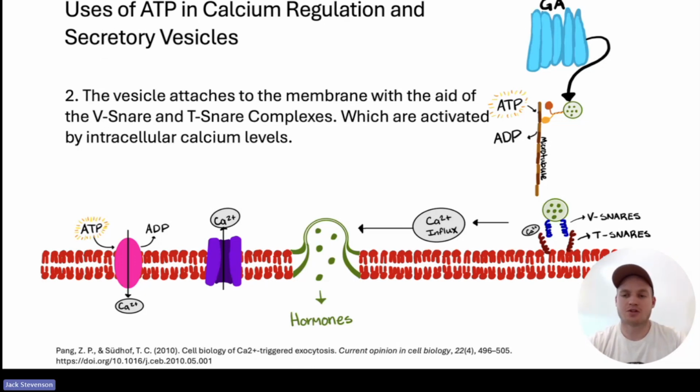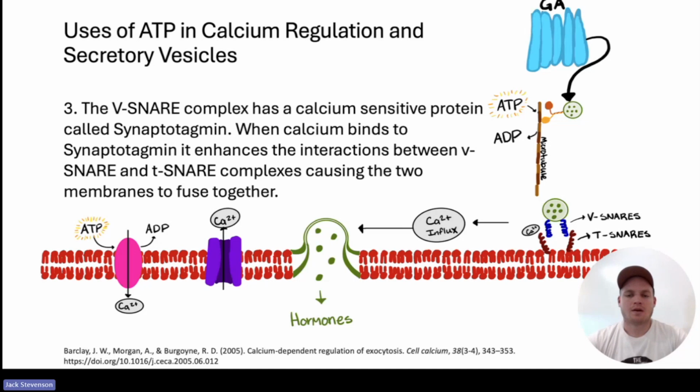Following transportation by the kinesin protein, the v-SNARE and t-SNARE proteins, which are activated by intracellular calcium levels, attach the vesicle to the membrane. The activation of v-SNARE and t-SNARE proteins is caused by the interaction between synaptotagmin and the intracellular calcium.